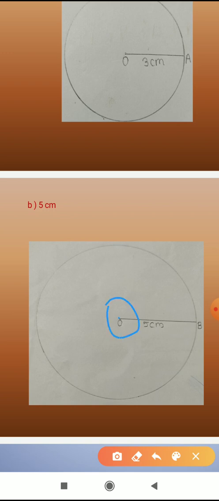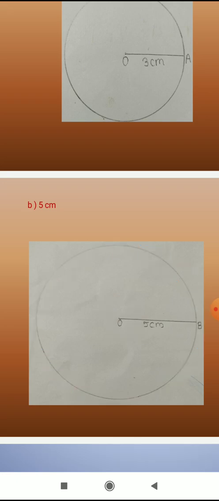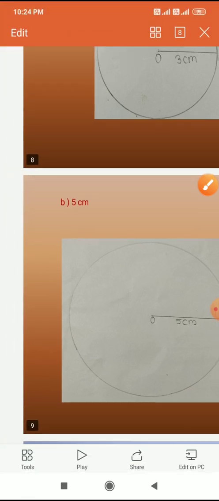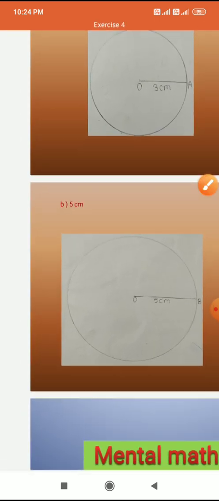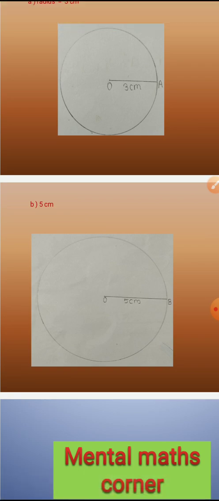Then move the pencil around it any direction, clockwise or anti-clockwise, till it returns to its starting point. The figure obtained is a circle of radius 5 centimeter. In this way, by using a compass, you can draw a circle of radius 3 centimeter and 5 centimeter.